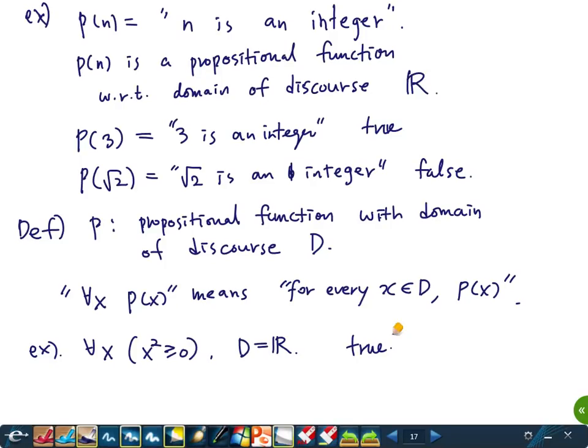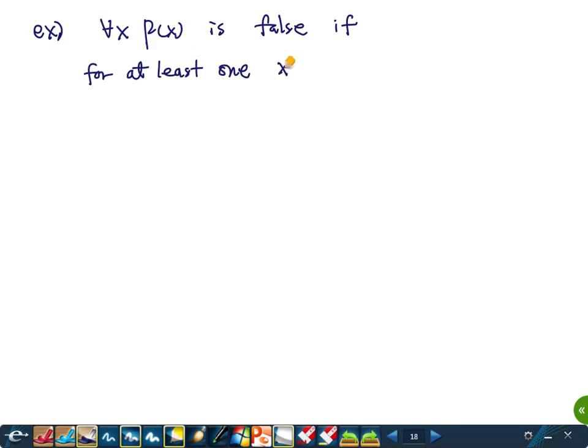Okay. So when is this false? For all x, P of x is false if for at least one x in D, P of x is false.